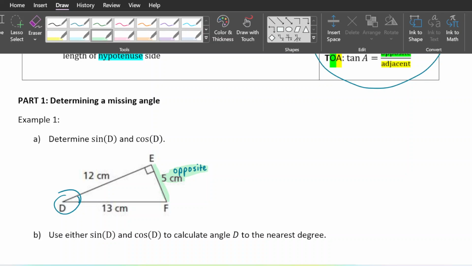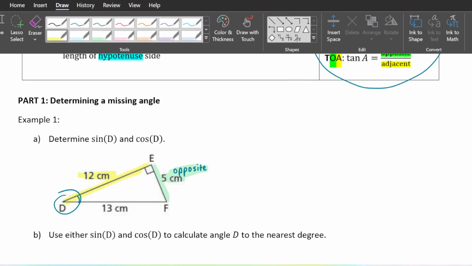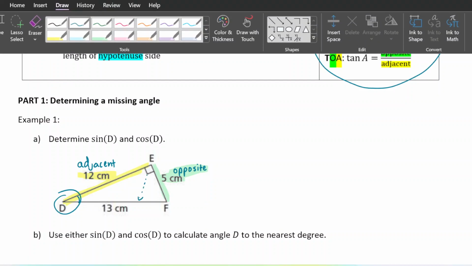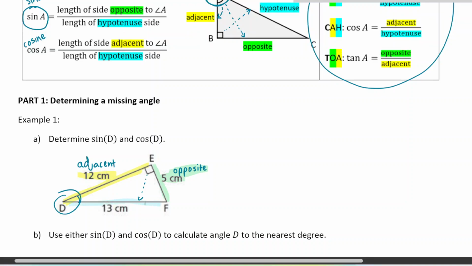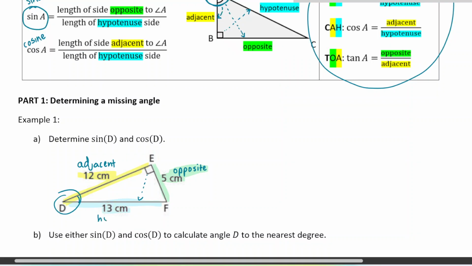That's adjacent, and I used yellow, so I'll use yellow again. And then the longest side is always across from the right angle. That's 13 here, from D to F, so I will label that in blue. That's called our hypotenuse. It's the same word we used when we learned the Pythagorean theorem.